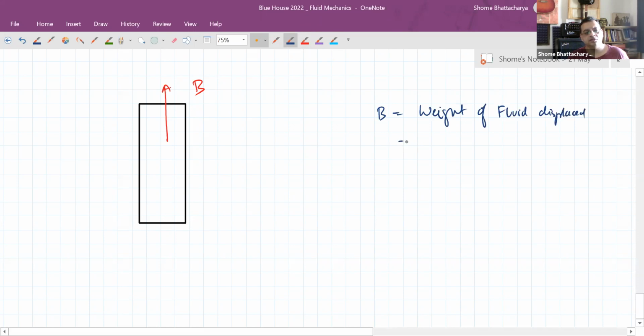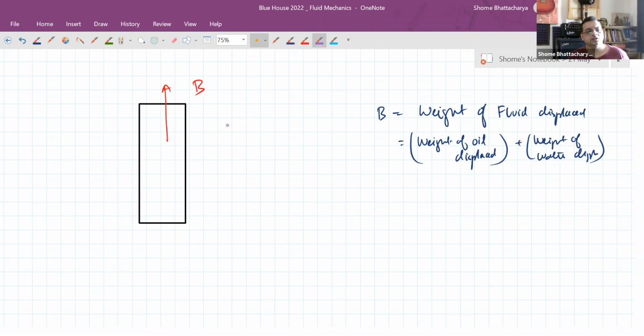So that will be the weight of oil displaced plus the weight of water displaced.